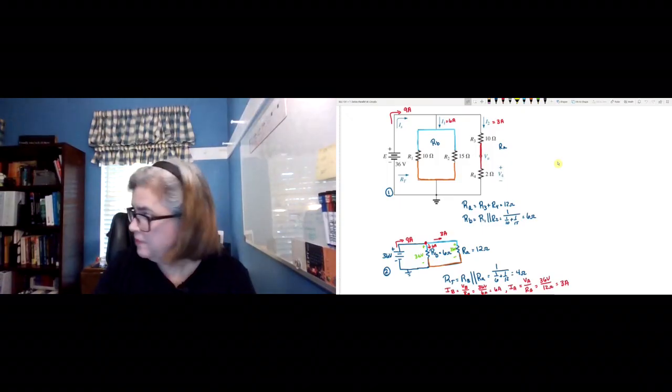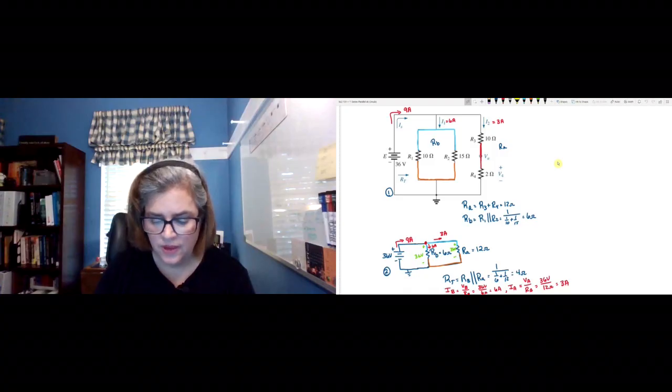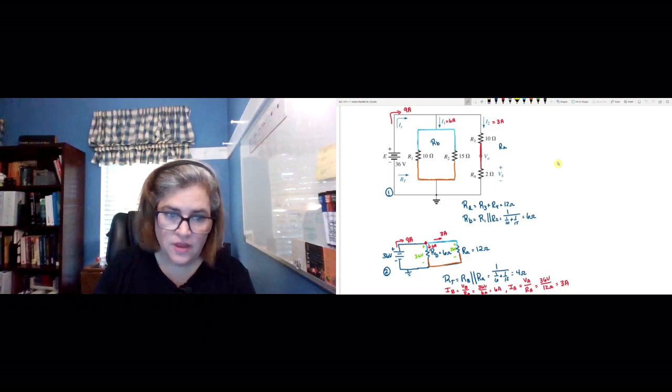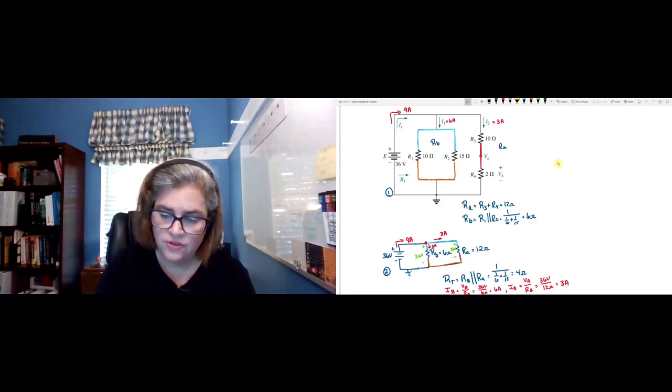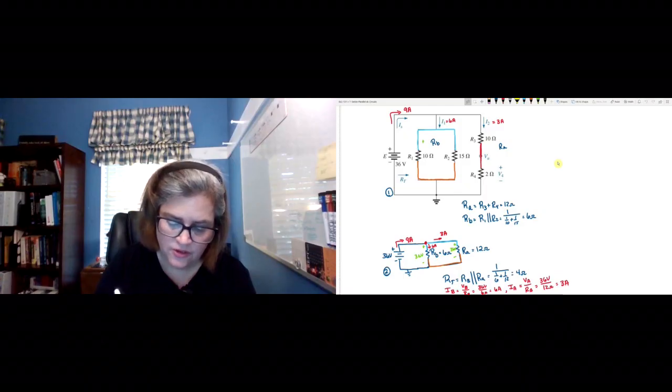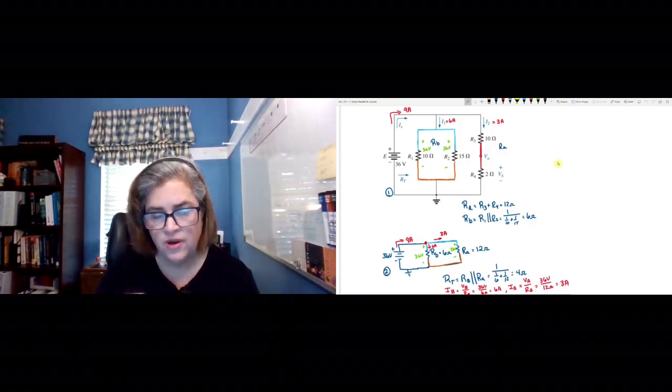Well, remember, R1 and R2, we split in parallel. And we had 36 volts drop across RB. Well, we're going to have the same 36 volts drop across each of these because these resistors are in parallel. And when we combined them, we didn't change that voltage drop. So we're going to have 36 volts across each of those.